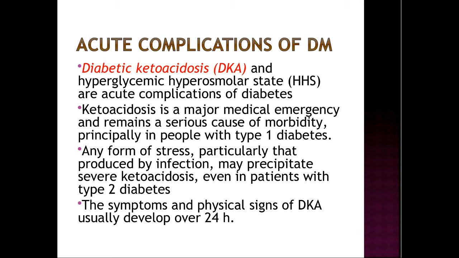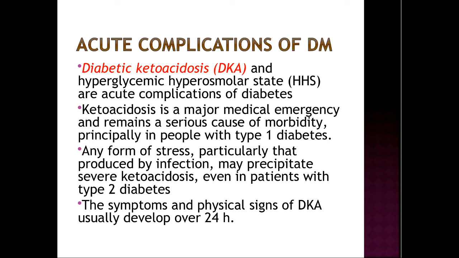Ketoacidosis is a major medical emergency and remains a serious cause of morbidity, principally in people with first type. Any form of stress, particularly that produced by infection, may precipitate severe ketoacidosis, and in the patient with second form.